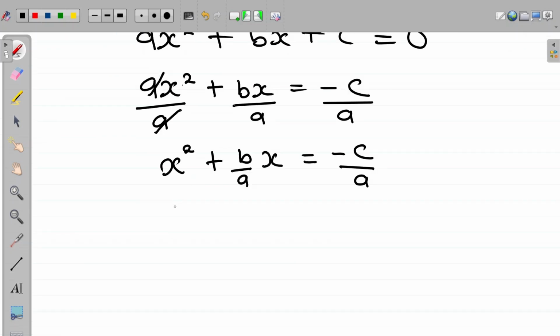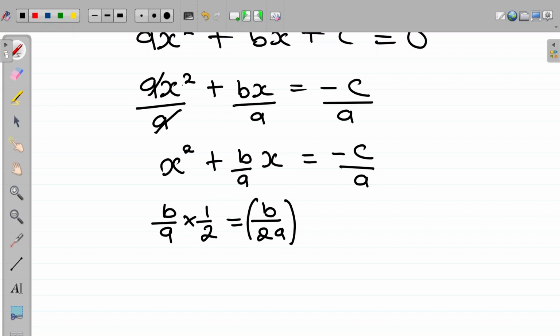Now, the next step is that we multiply the coefficient of x, which is b divided by a, by half and square it. So we have that b divided by a multiplied by 1 divided by 2 is equal to b divided by 2a. Now, we are going to square it and add it to both sides.